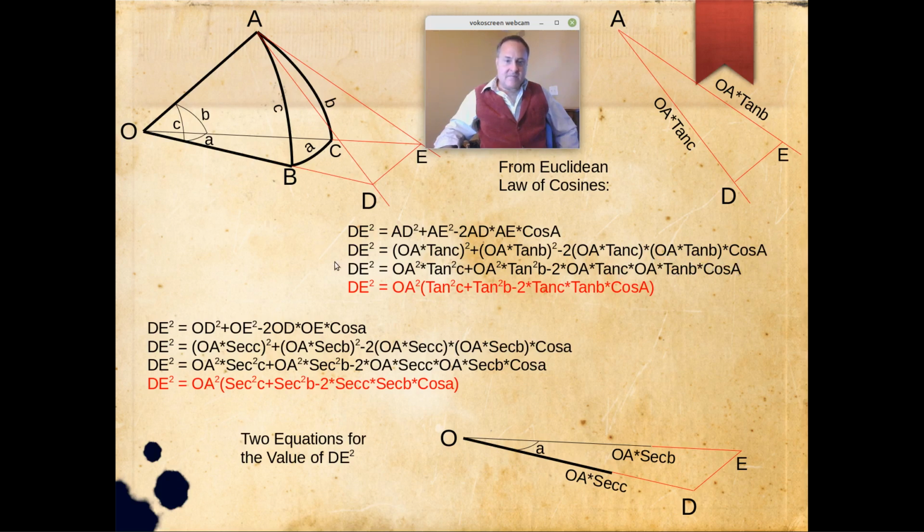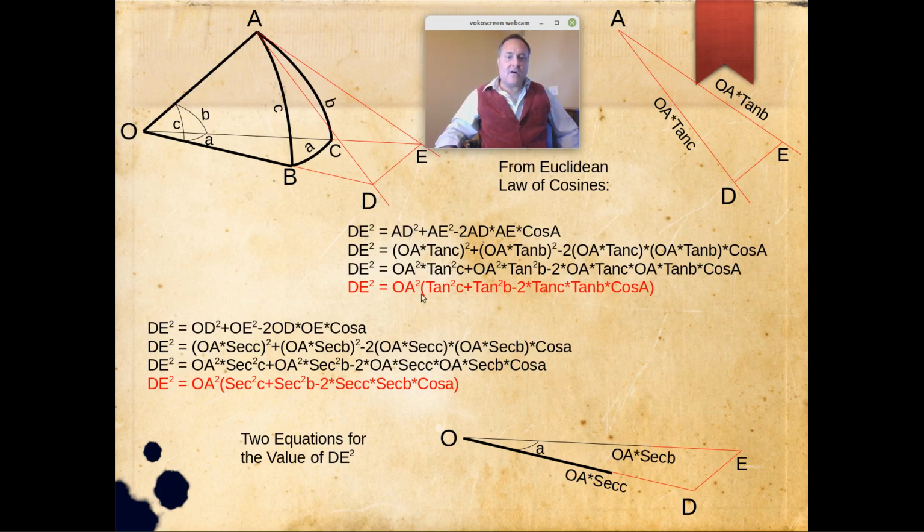All right. And then simplifying, this recognizes that here we've got a product added to a product, and then a subtraction of another product, and each of these has an OA squared.